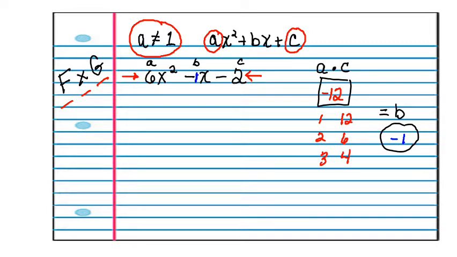Okay, remembering that one of these would have to be a negative number to give us that negative 12 to begin with. And we're going to pick the 3 and the 4. And since they have to add to equal our b here, negative 1, the 4 is going to be the negative and the 3 is going to be the positive.